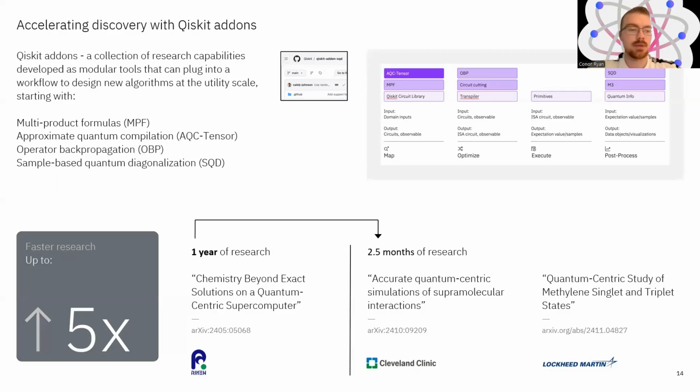And that can accelerate your work by the statistic given here of up to 5 times. So there's a few papers shown here on the bottom just to highlight exactly the evidence of that.